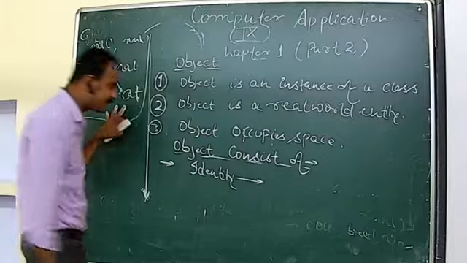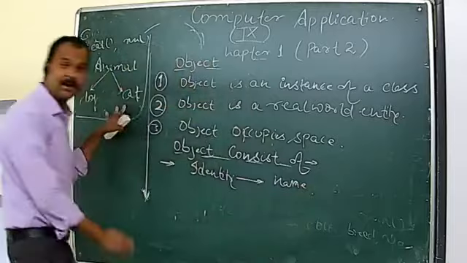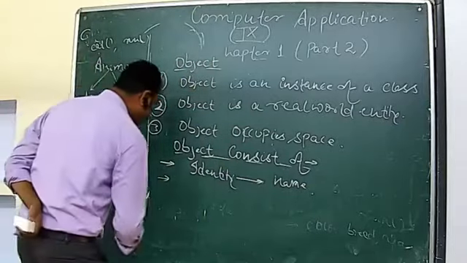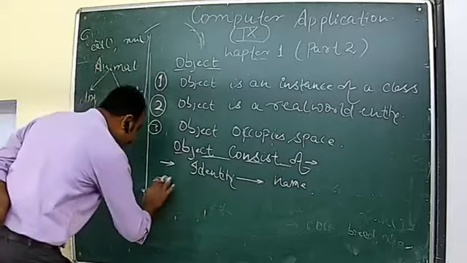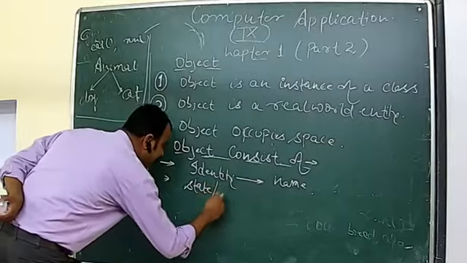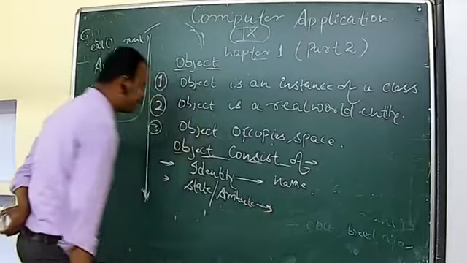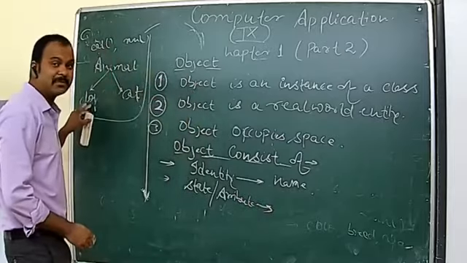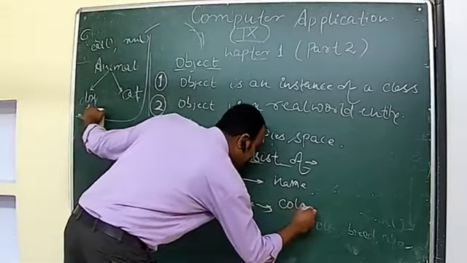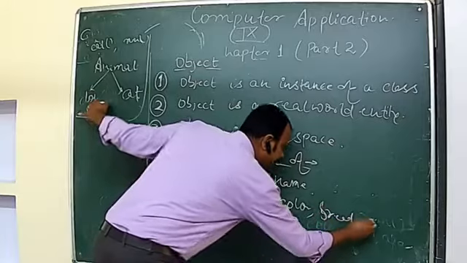So in identity, name, ID and all can come. Then object can have a particular state or attribute, because this dog will have some attributes or variables like color, breed, age, okay?